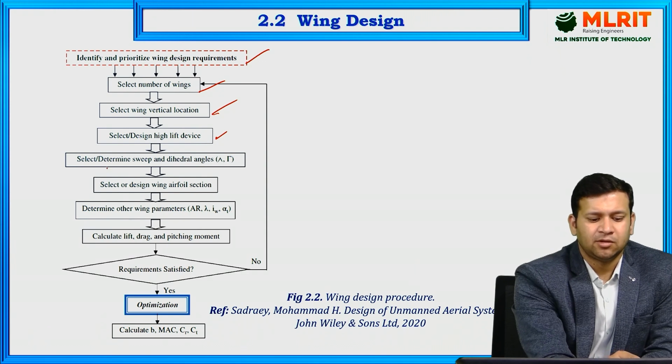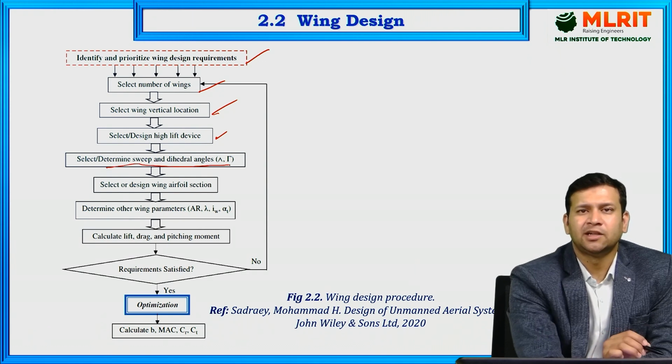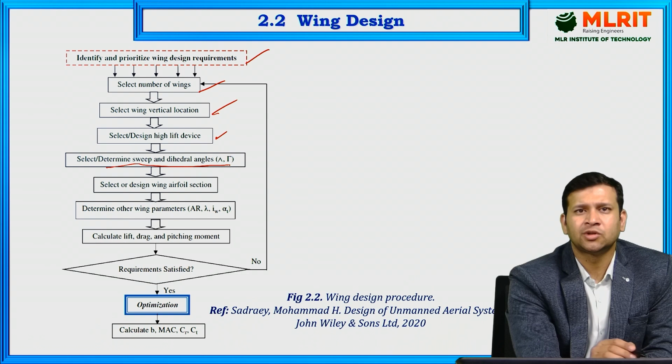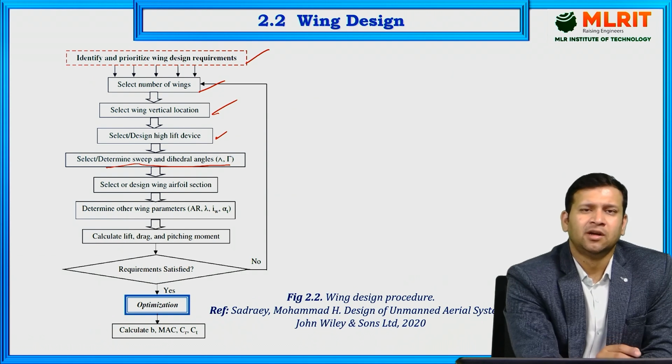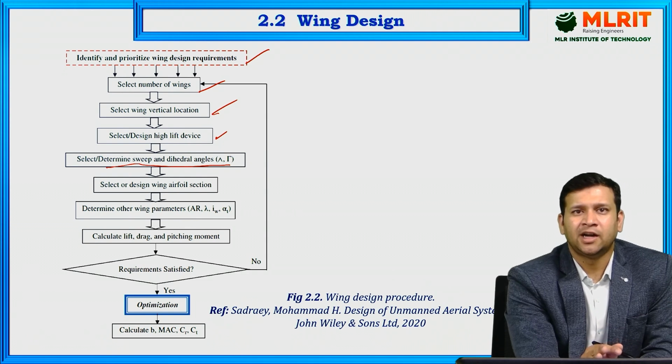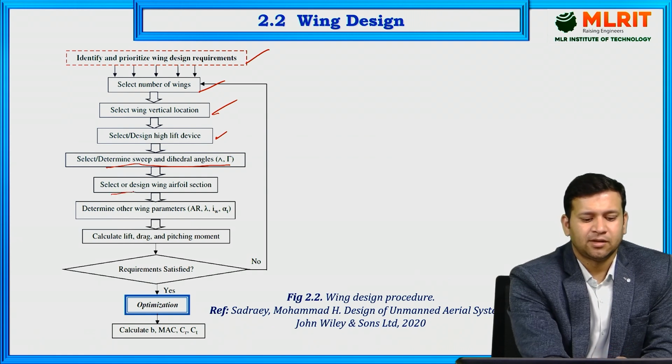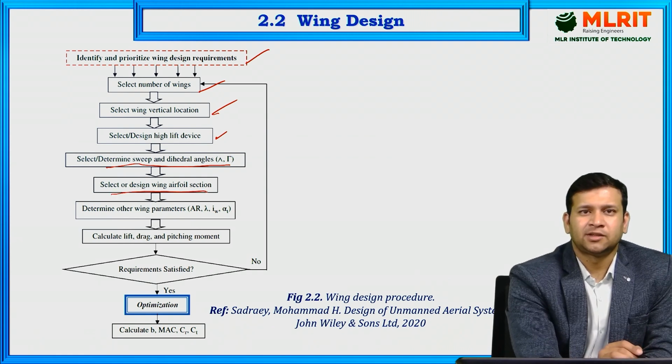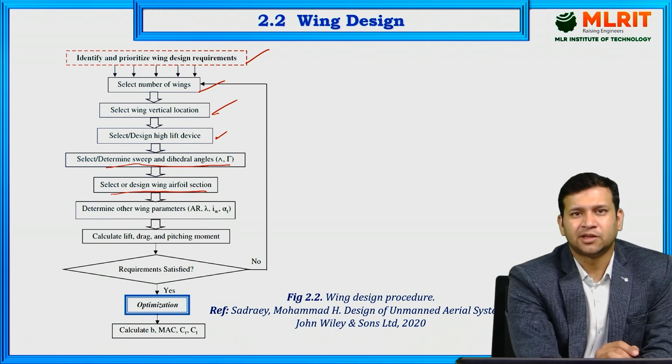Then determine the sweep and dihedral angles. Once the configuration is frozen and lifting devices are added, the sweep angle and dihedral angle are decided and tested. Once the testing is done, select your wing airfoil section.